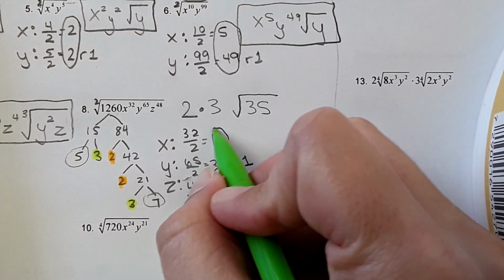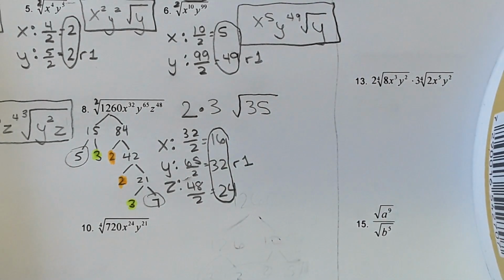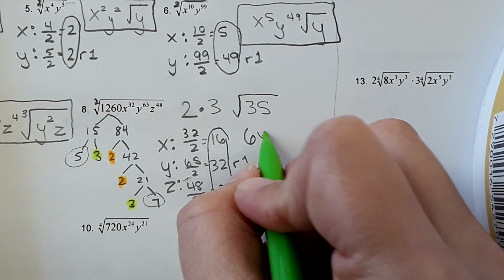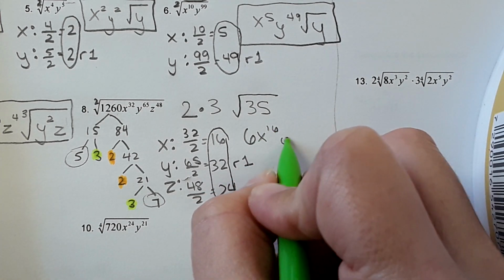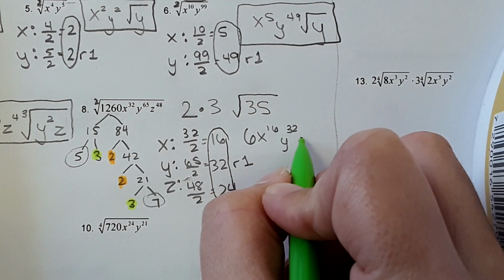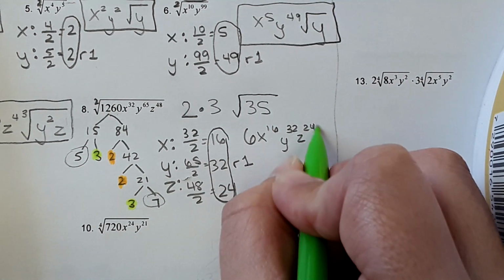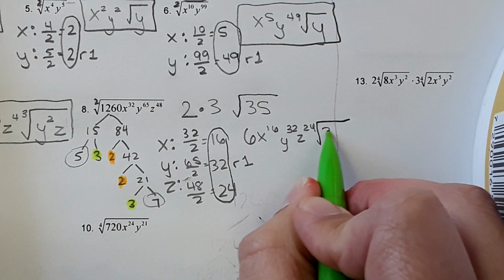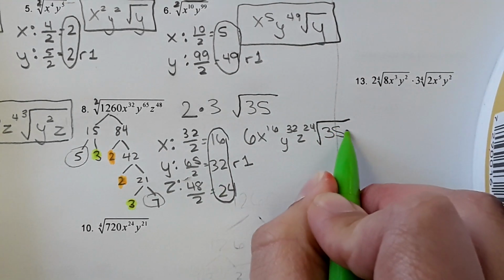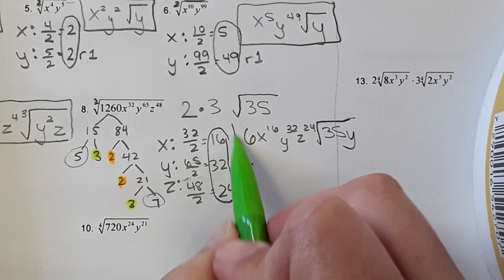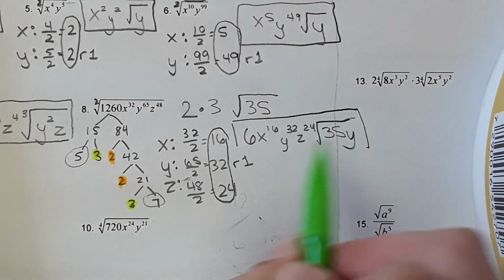Okay, so now I'm putting it all together. 2 times 3 is 6. Then I have x to the 16th, y to the 32nd power, z to the 24, square root, 35, and 1y. What about the 2 and the 3? What do you mean? Oh, I see.